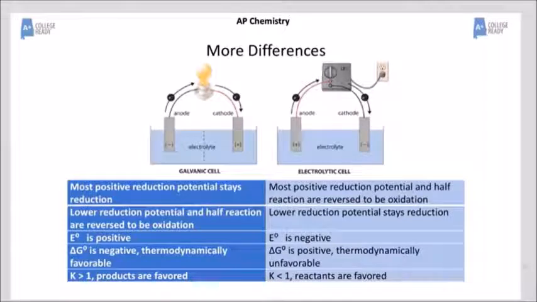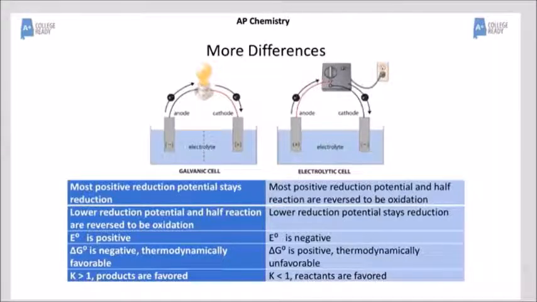Other differences, and this is what we're really going to focus on. These are pretty important. These aren't as obvious; you can't see these from the drawing. If you go back to galvanic cells, so far, every time we've looked at one, we've taken the highest or most positive reduction potential as the reduction, and the lower value is the half reaction that we reversed to be oxidation.